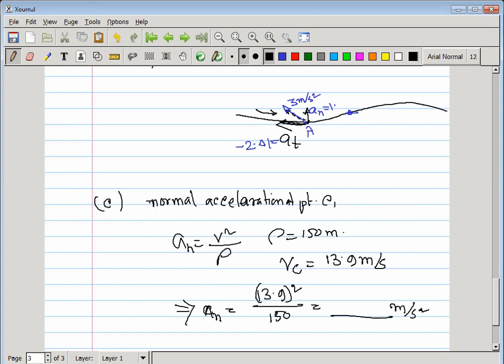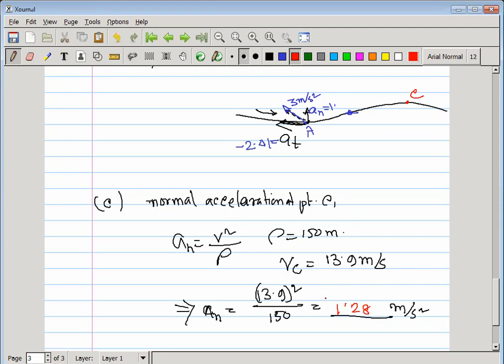How much is it? This is point C. It is 1.28. So this is the normal component of the acceleration at point C. Now, in the question it is said that the total acceleration is asked.